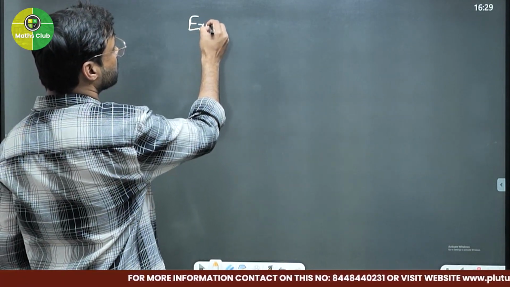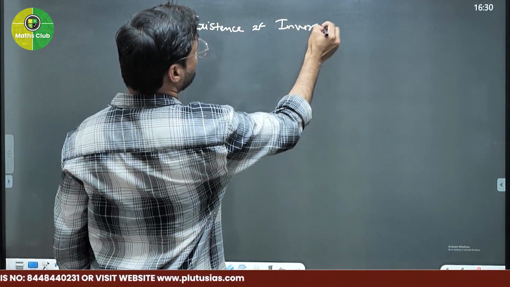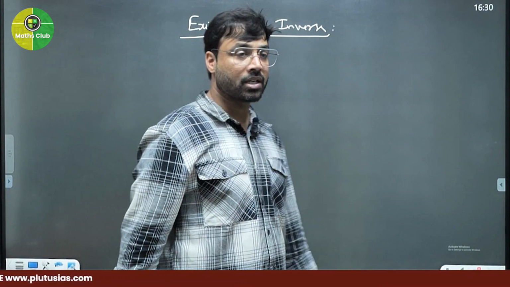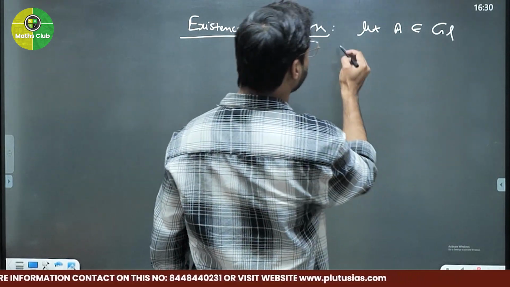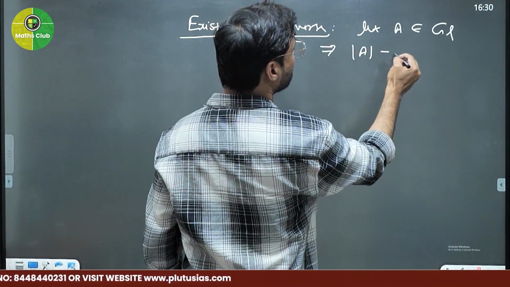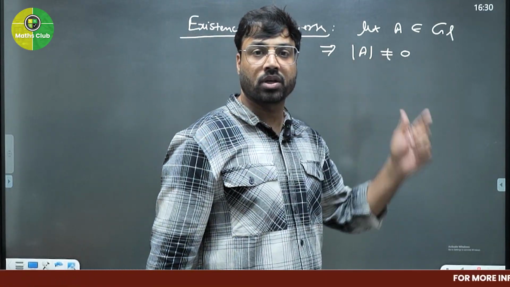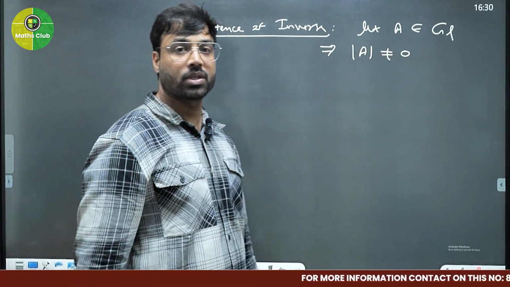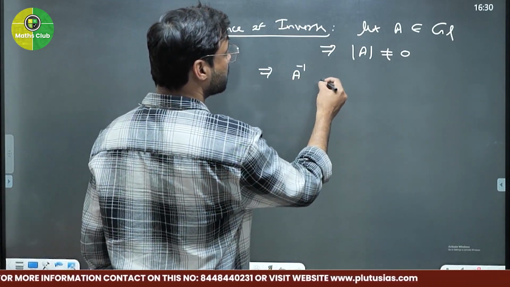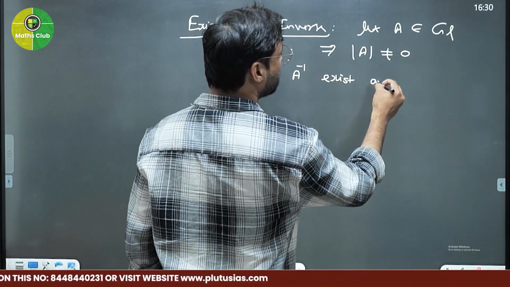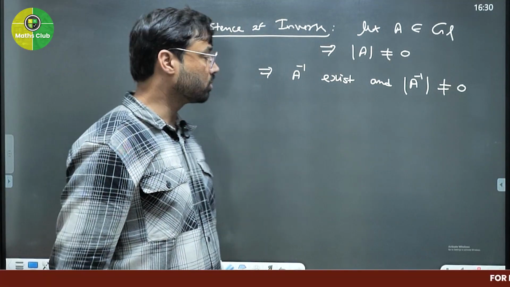Next we will check whether the inverse of every element exists or not. Let A belong to GL, and that implies that determinant of A is not equal to 0. Determinant non-zero means the matrix is non-singular, and non-singular matrices have inverse matrices. So A inverse exists and determinant of A inverse is also not equal to 0.